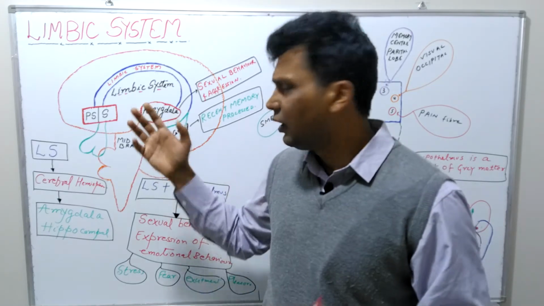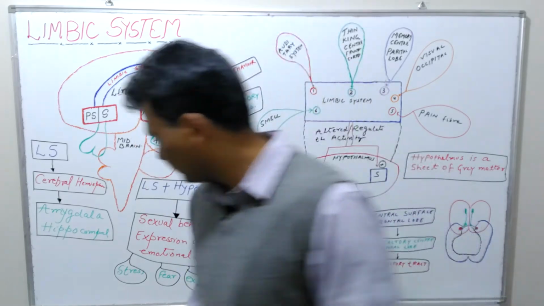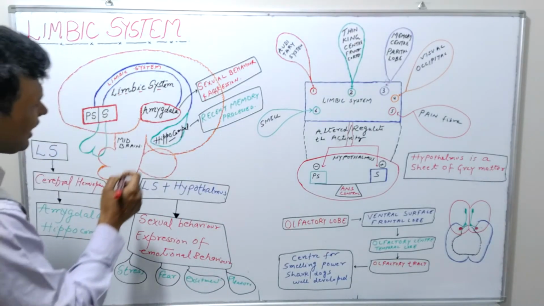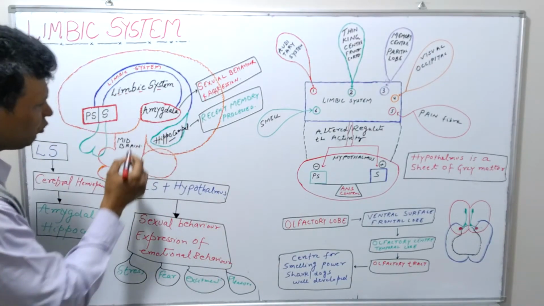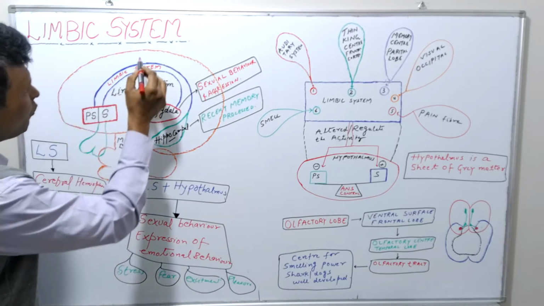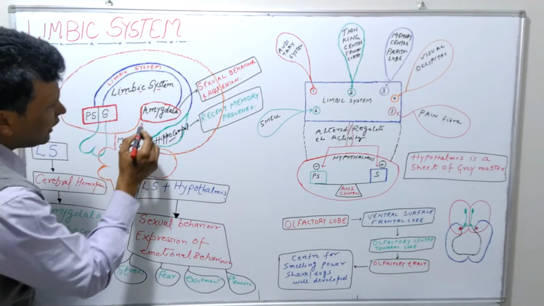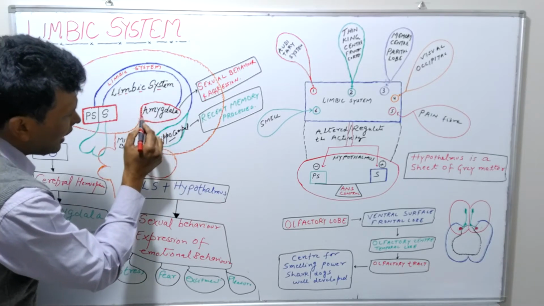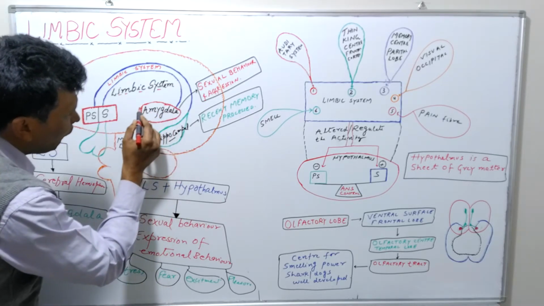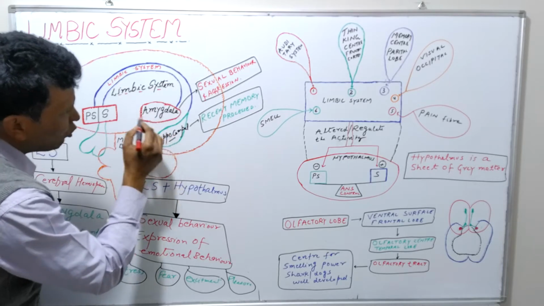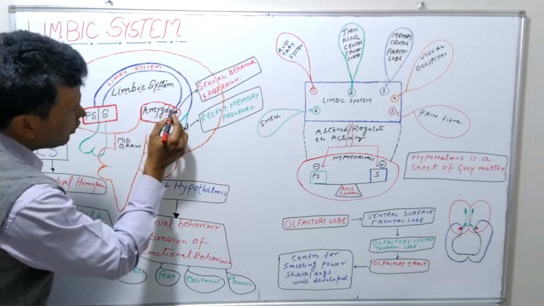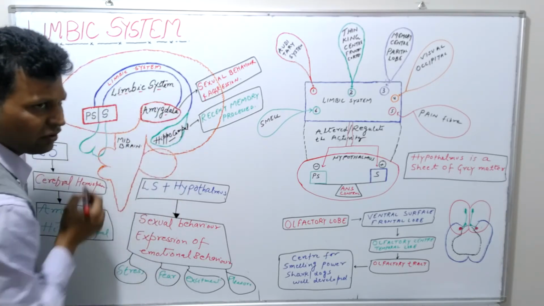So the limbic system is concerned with your emotion. Now there are areas in your temporal lobe. You know, this is the temporal lobe, frontal lobe, parietal lobe, occipital lobe. In the temporal lobe, there is one area having fibers that is called the amygdala. This amygdala neuronal fiber is attached to your limbic system.